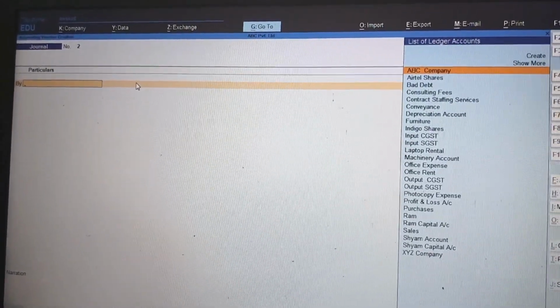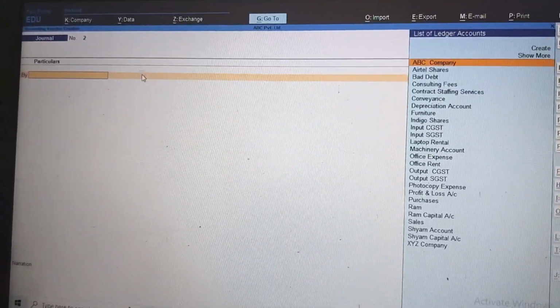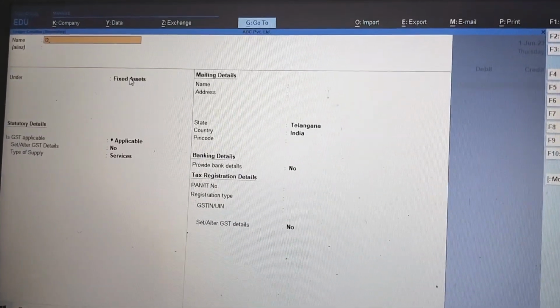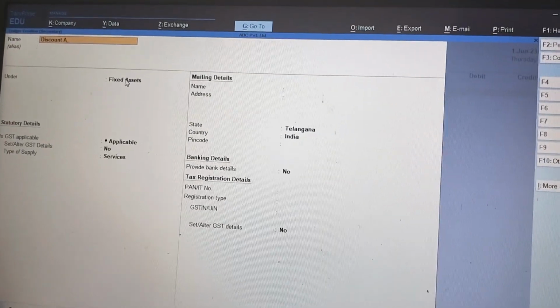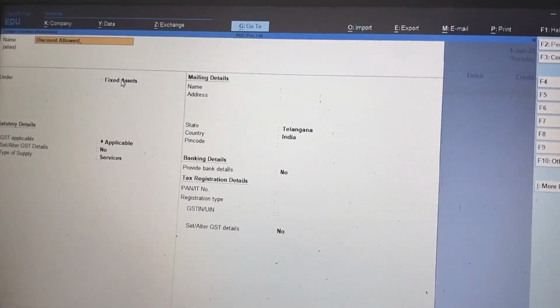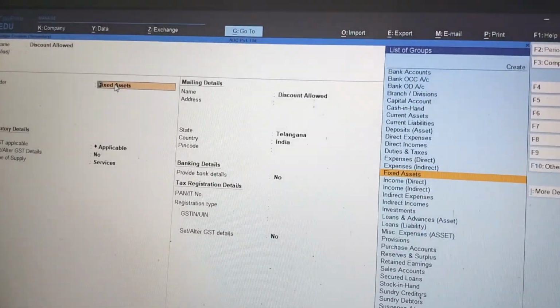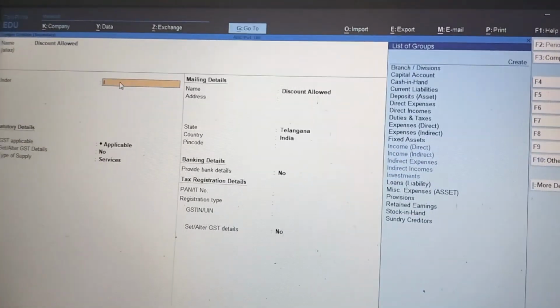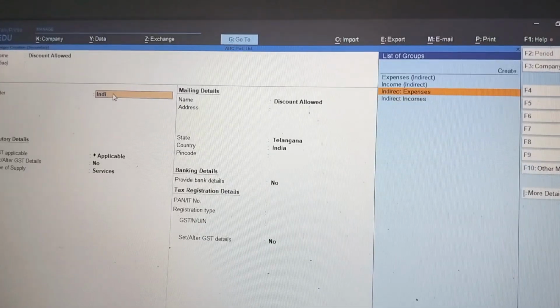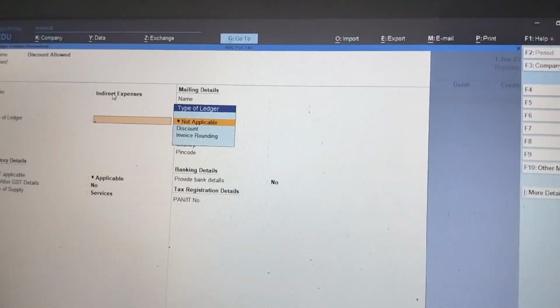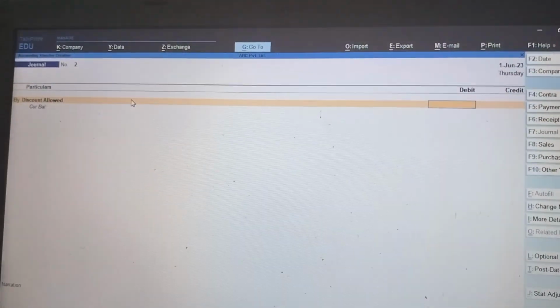So I'll debit that. First I'll create one ledger named discount allowed. Indirect expense. See, this is an expense for us. Why? Because we had to receive more from the debtor, but now we are receiving less.